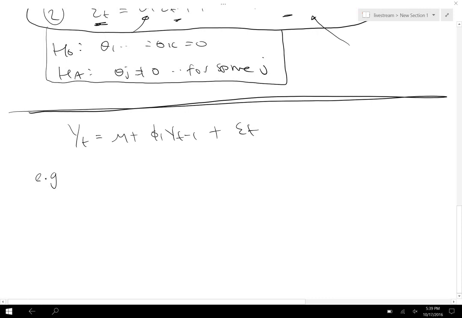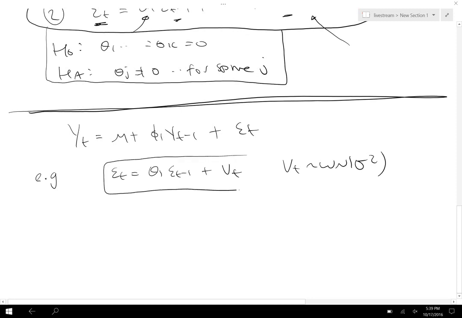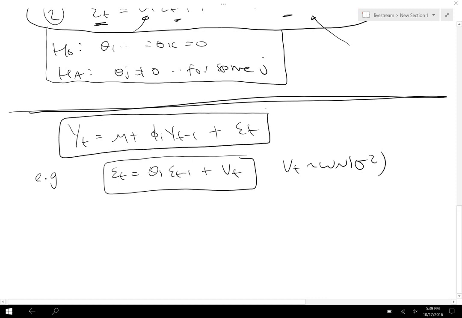To take an example, suppose that the errors were an AR(1), where v_t is white noise. This then means if theta_1 doesn't equal naught, then the errors are correlated. This is just relatively basic algebra. If I asked you now to write y_t as a function of past values of y and v_t, then we just plug epsilon_t into here.